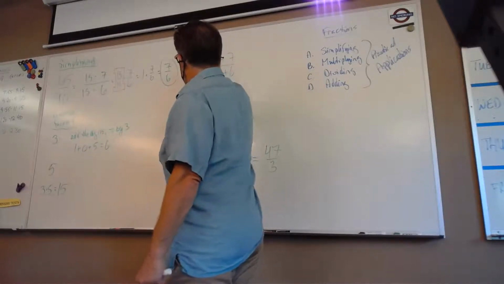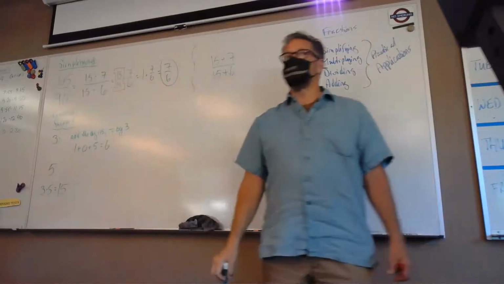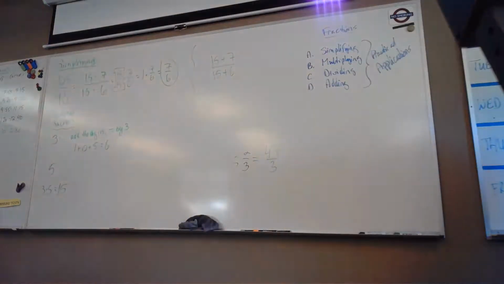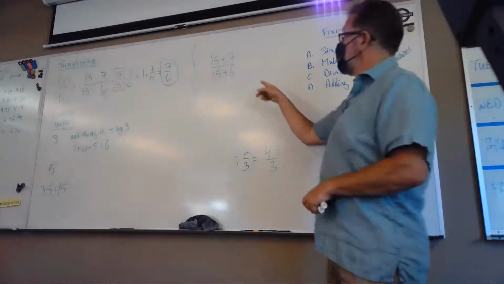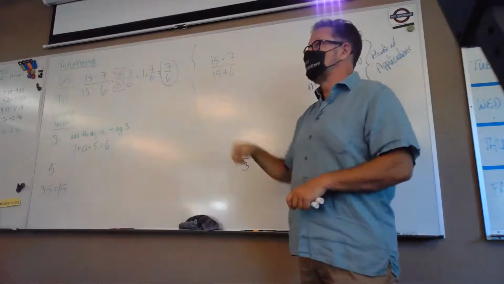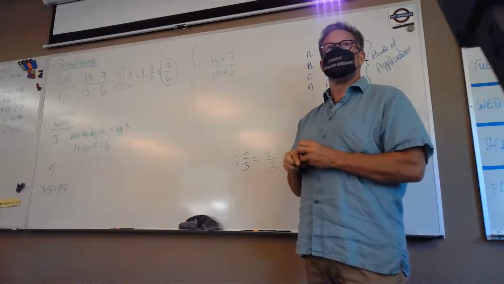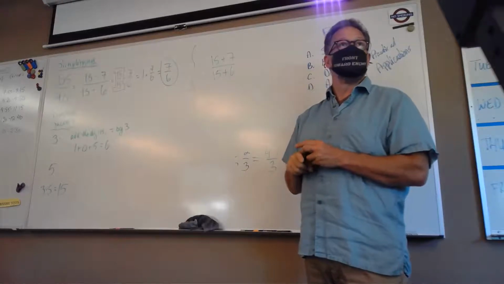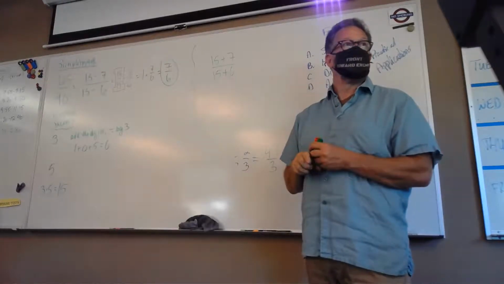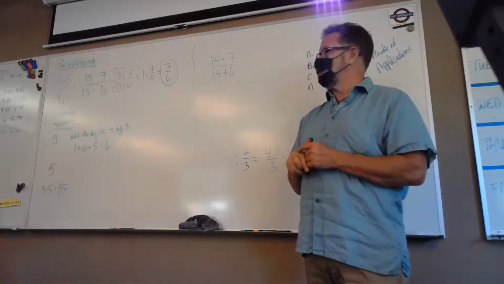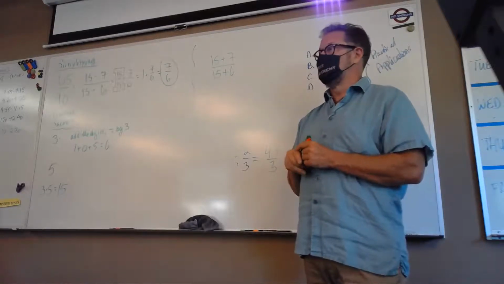Different problem. Can you cross out the 15s? Can you cross off those 15s? Yeah? Yeah? No? No? Yeah? About half and half so far. People going like this and people going like that.